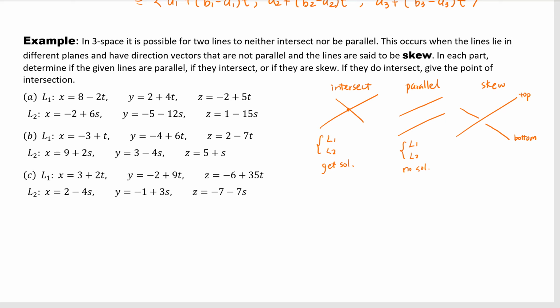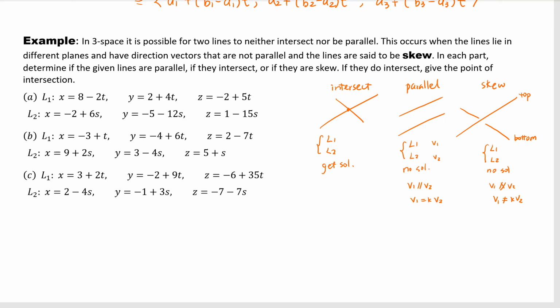Let's say for line 1 we have the direction vector v1, and for line 2 the vector v2. Then v1 must be parallel to v2, which means one of them is a scalar multiple of the other. How about skew? Skew means they don't intersect, so the system has no solution, and furthermore v1 is not parallel to v2, so v1 is not a constant multiple of v2.